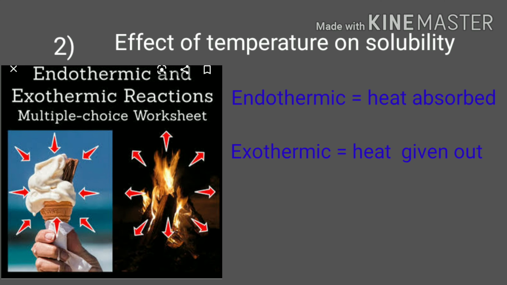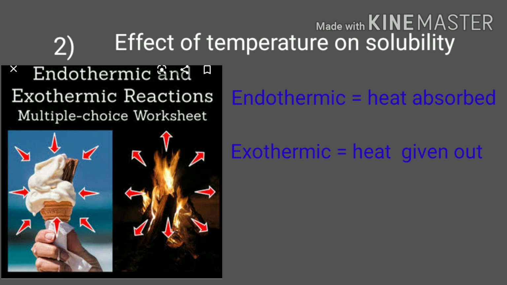The next factor is the effect of temperature on solubility. Here the solubility of a substance changes with temperature, which depends on the enthalpy of solution. We know that enthalpy is nothing but heat. So there are two types of reactions we know. One is the endothermic reaction and the next one is the exothermic reaction.